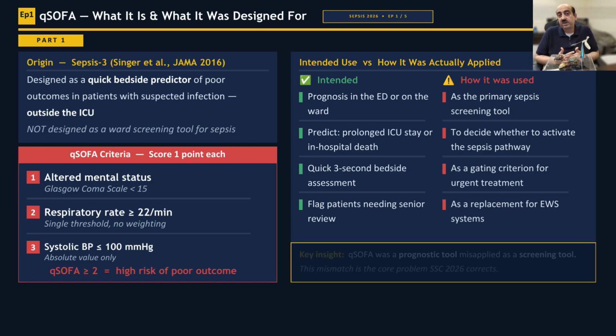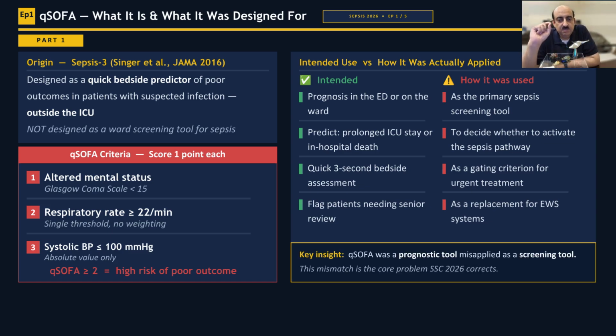And in some settings, they started using it as a replacement for the EWS system, the early warning score system, like a quick 3-point bedside tool. It doesn't really make any sense because EWS has more variables rather than just binary, two variables, two criteria, either this or that. No, it's more variables, more diversified, and better equipped for higher sensitivity and specificity.